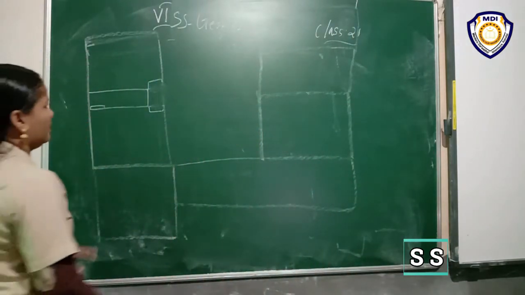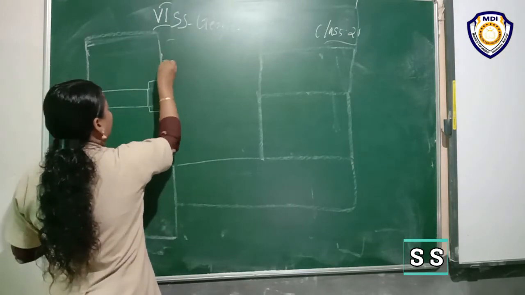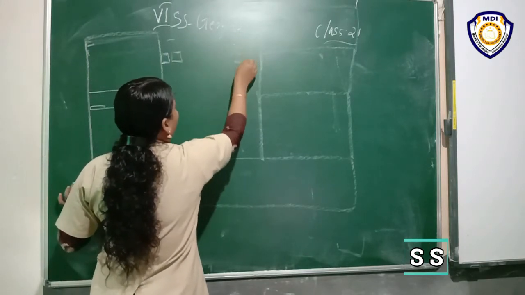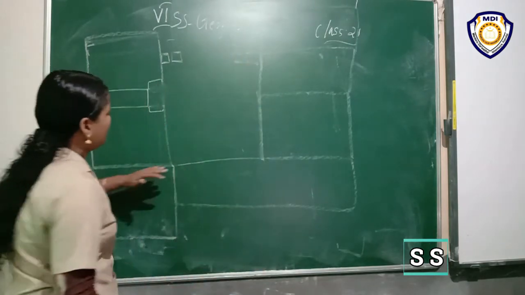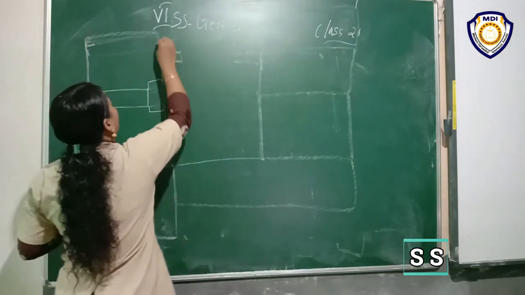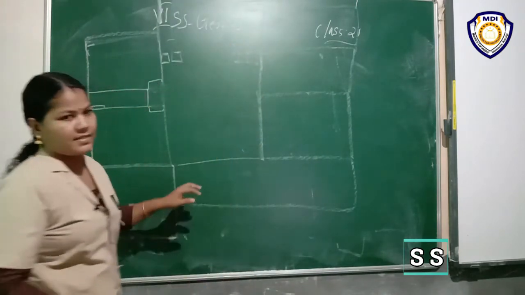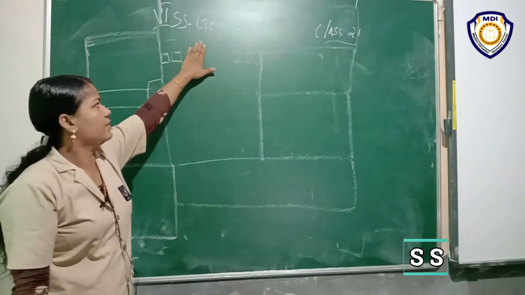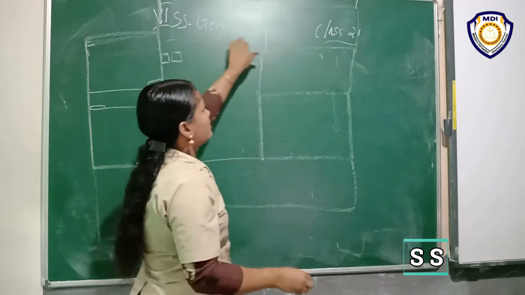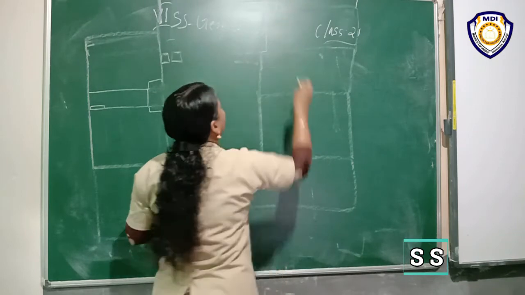Okay, then from here to here is 2 pillars. Here also 2 pillars. This is hall. Okay, from here to here dining hall. It is dining hall. The entrance of the kitchen here, from here to here, the entrance of the kitchen. The entrance of the work area from here to here.